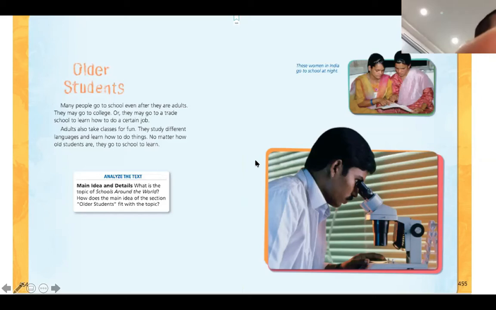Older students. Many people go to school even after they are adults. They may go to college or they may go to a trade school to learn how to do a certain job.